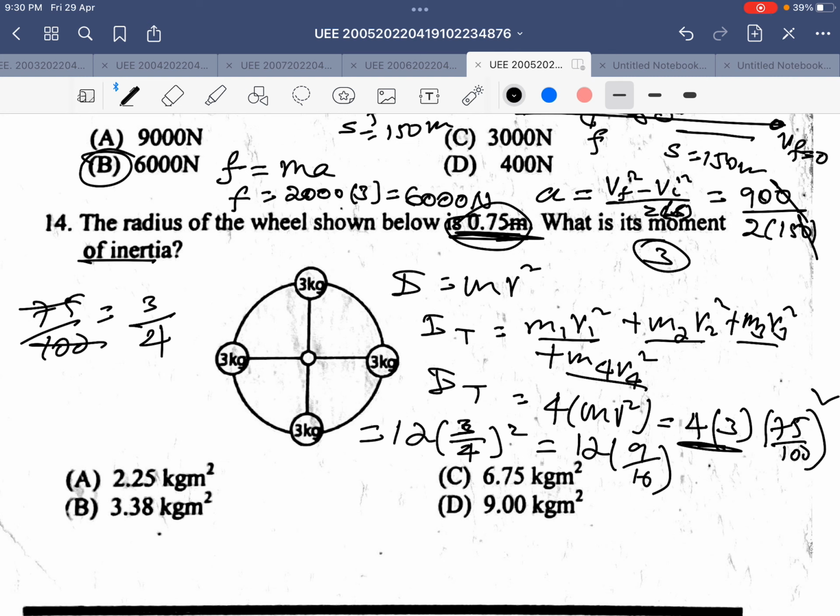Now let me multiply: 3 times 9 is 27 over 4, and 24 divided by 4 is 6. So the answer is C.